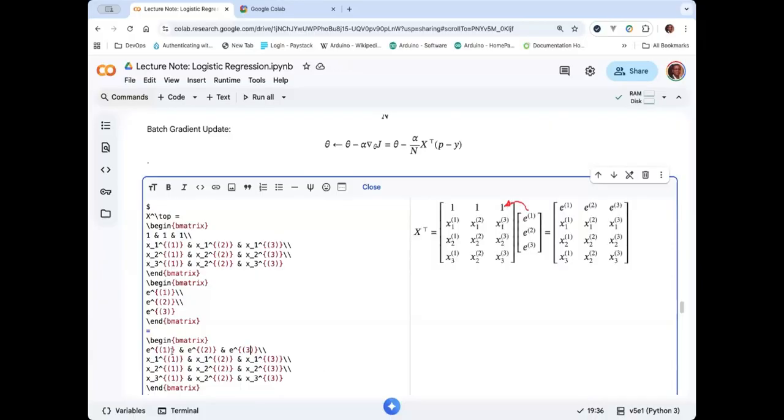Then the second multiplication you do, you now take this same vector and you multiply it against the second row.